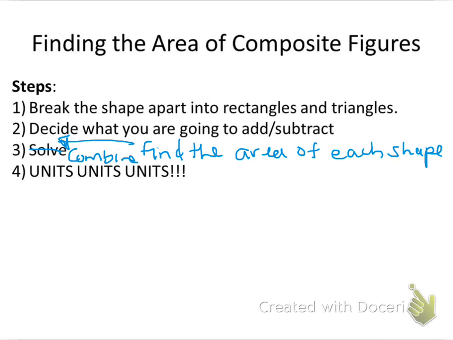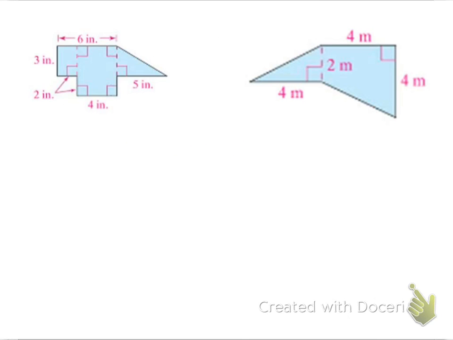Okay, let's do this. Our first example is helpful because they've already divided it up into shapes for us. If you look at this figure, we have a rectangle here, which I'm going to call rectangle 1. Another rectangle here, which I'm going to call 2. And then a triangle over here, which I'm going to call shape 3. So we've broken our shape apart into rectangles and triangles.